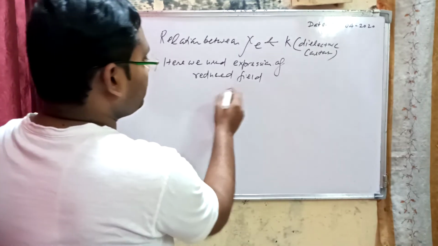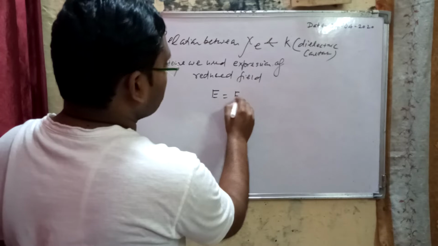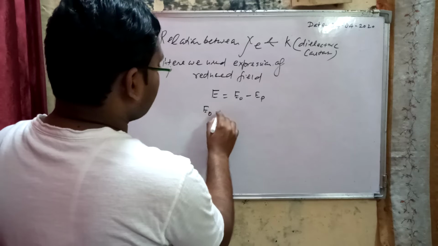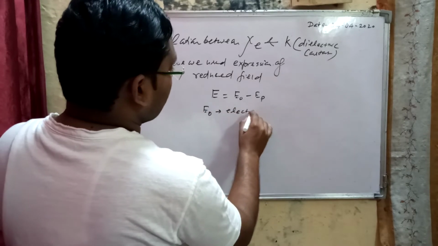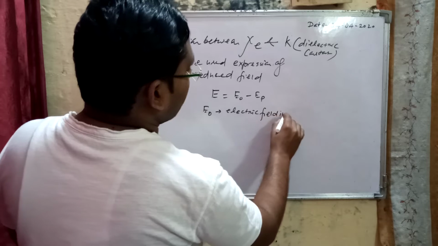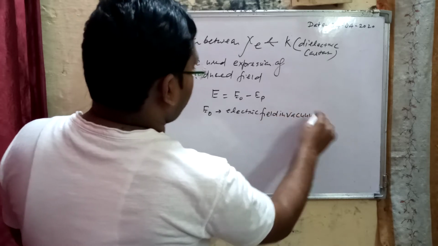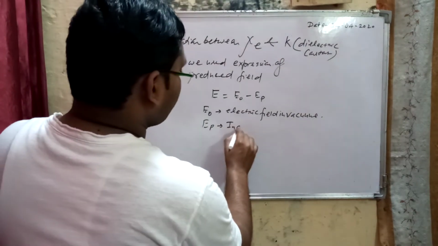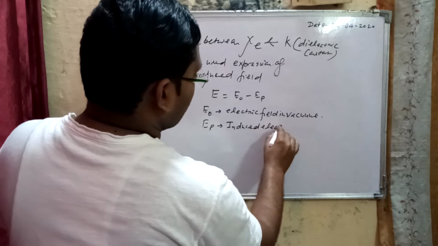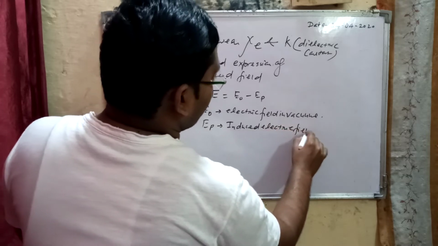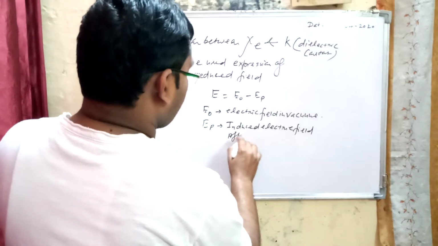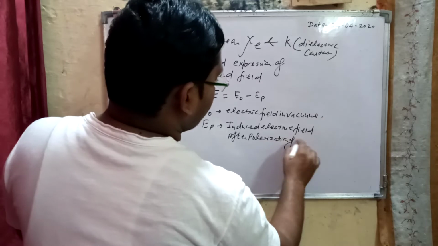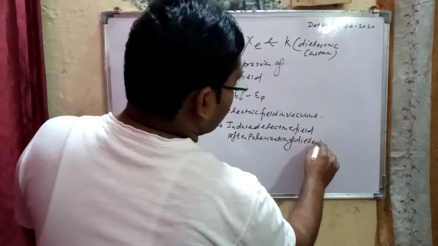So here the reduced field is equal to E naught minus Ep, where E naught is the electric field in vacuum, and Ep is the induced electric field after polarization of the dielectric slab.